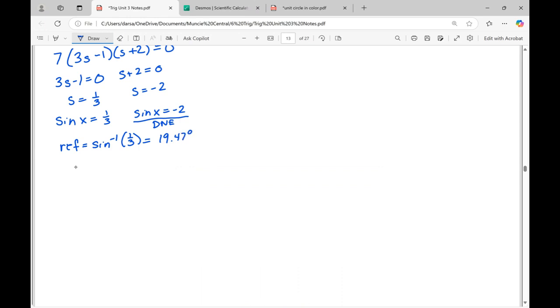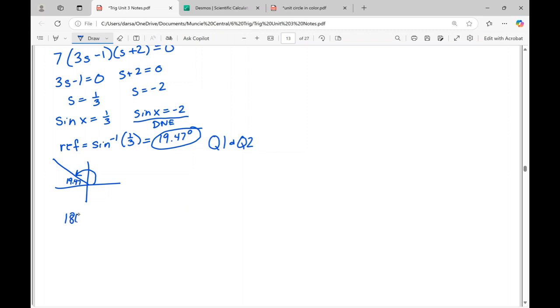If we think all students take calculus, we're going to need answers in quadrant 1 and in quadrant 2. Well, 19.47 is in quadrant 1, so that's our first answer. To get our second answer, which is in quadrant 2, this is our terminal side. We need this angle when we know the reference angle down here is 19.47 degrees.